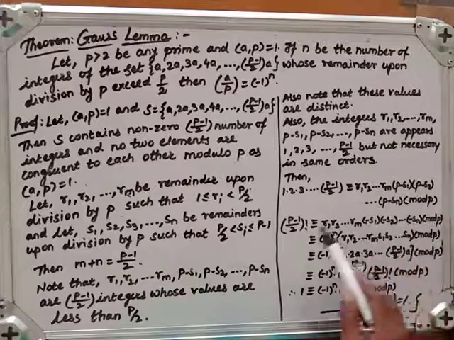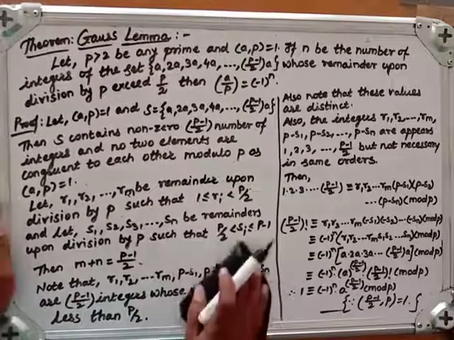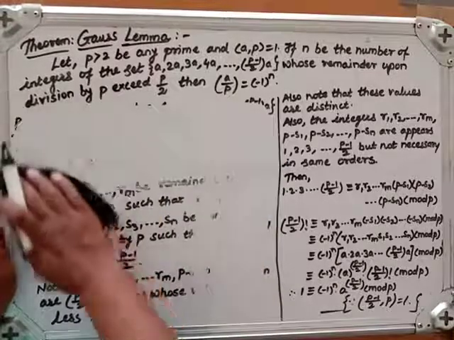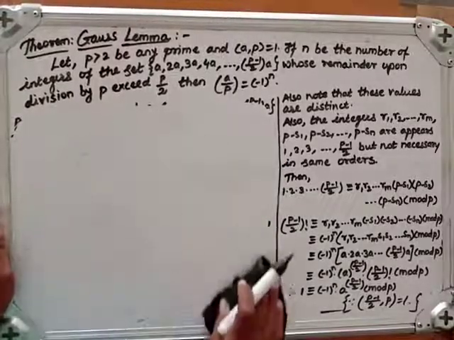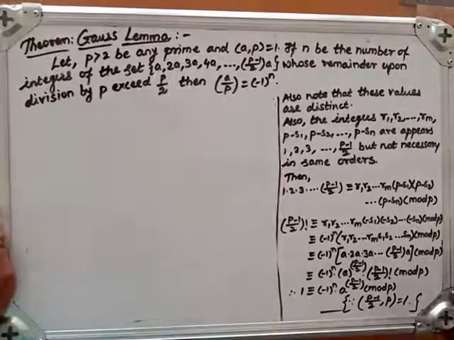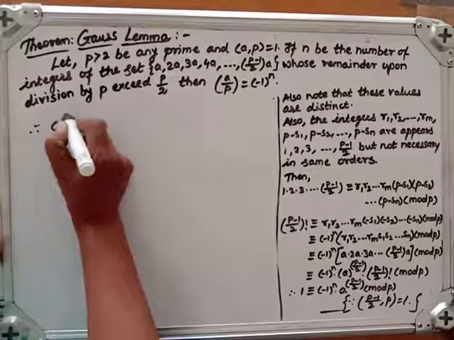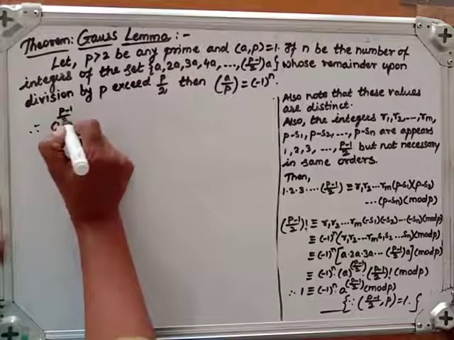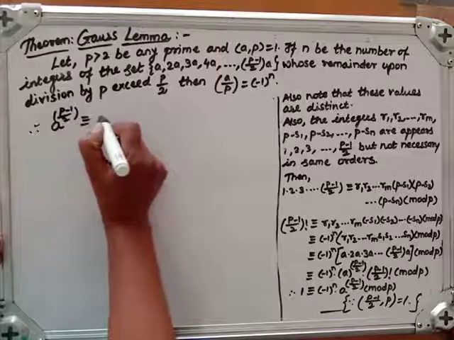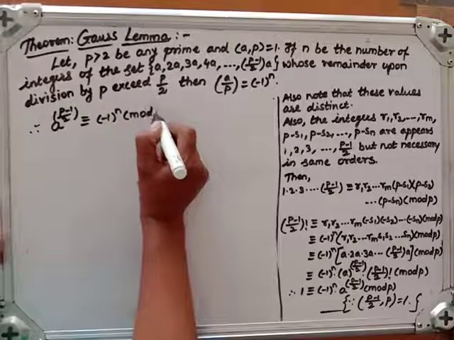So from here onwards we did just a simplification. Now once we come here we can write it as, therefore a^((p−1)/2) ≡ (−1)^n modulo p.